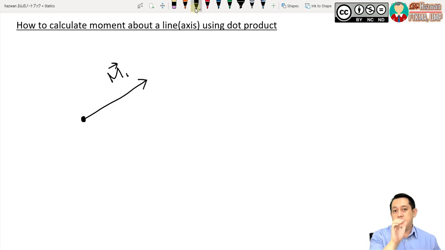So this is the rotation of our moment. Check back. So, how do we calculate a moment about a line or axis?